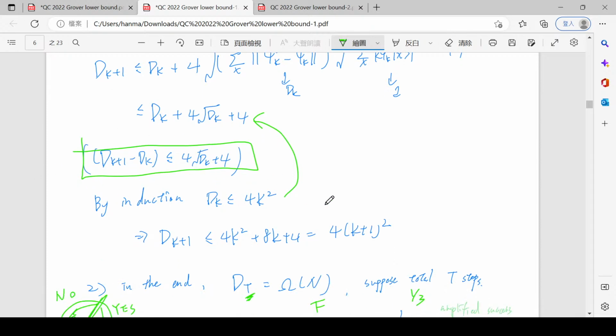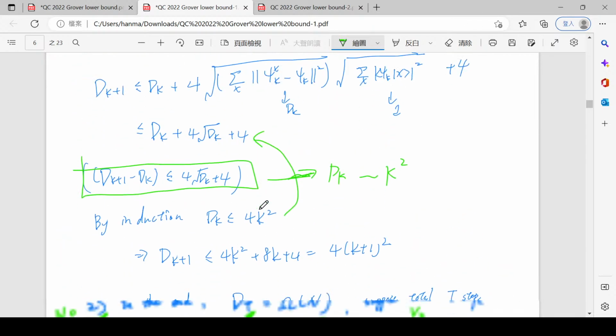From here you can calculate that dk goes like k squared, and we skip over the calculation and just use induction to show that this indeed will make dk smaller than 4k squared. Okay.